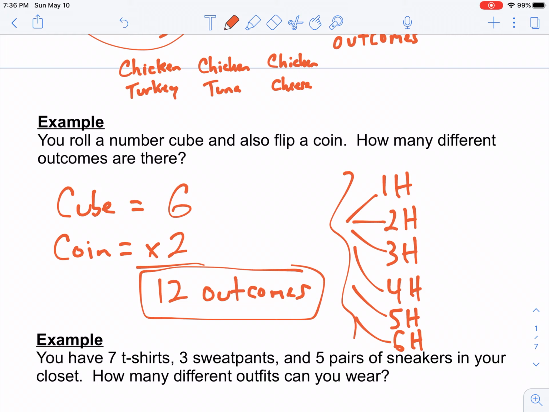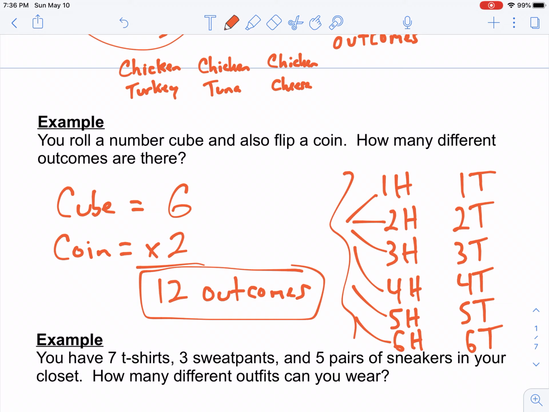And then you could also have a 1 in the tails, a 2 in the tails, a 3 in the tails, a 4 in the tails, a 5 in the tails, and a 6 in the tails. Those are all the possible different outcomes you could get when you roll a number cube and flip a coin.